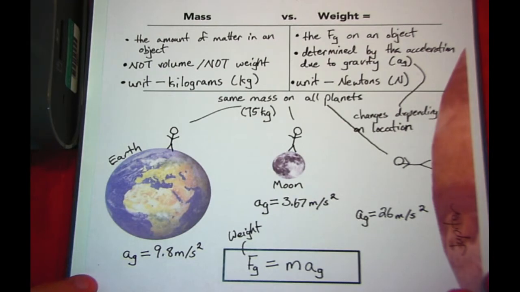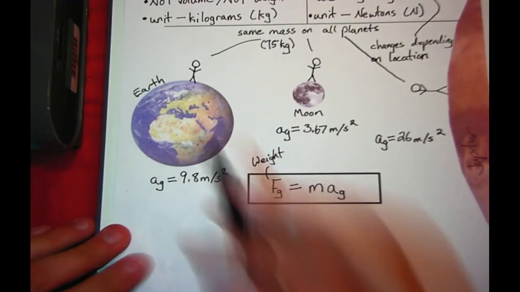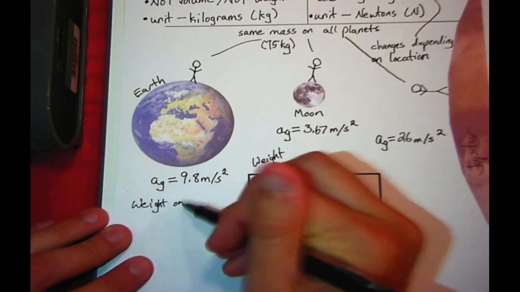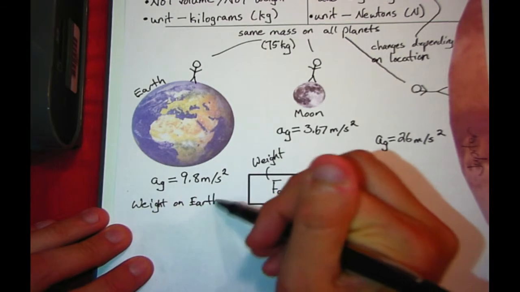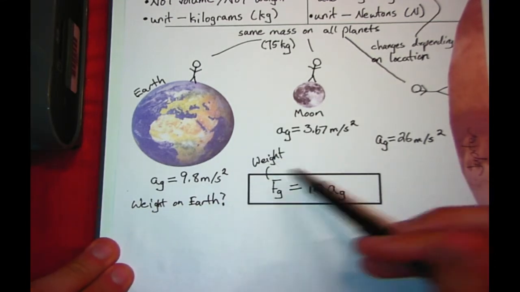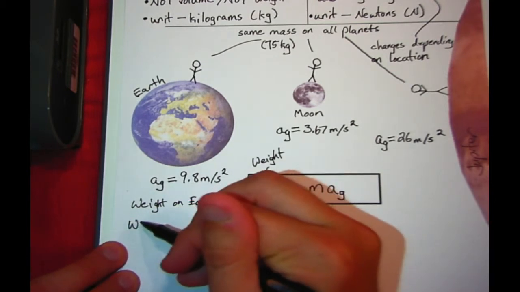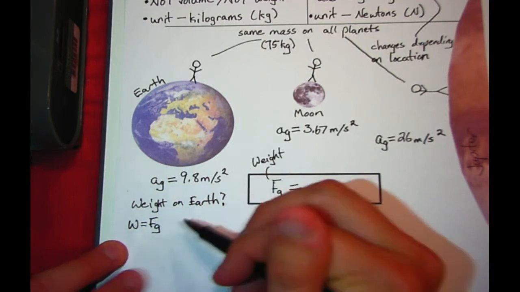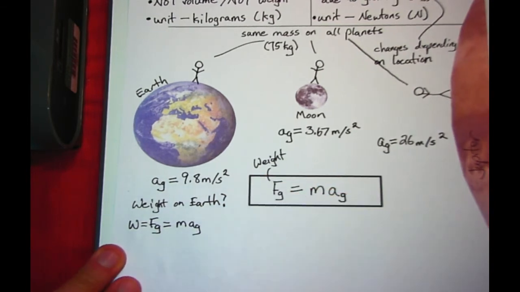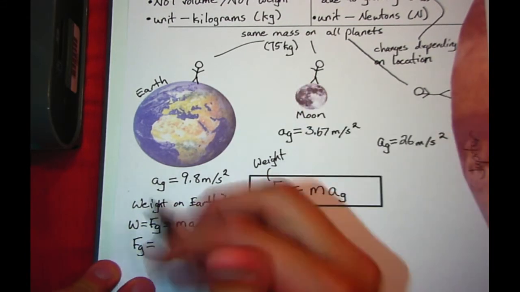Let's calculate the actual weight that this person would weigh on planet Earth. So weight on Earth? All right. In order to calculate the weight, the force of gravity, we're going to use our equation right here in this box. Our weight is equal to the force of gravity, and the force of gravity is equal to our mass times the acceleration due to gravity. Our mass is going to be 75 kilograms.